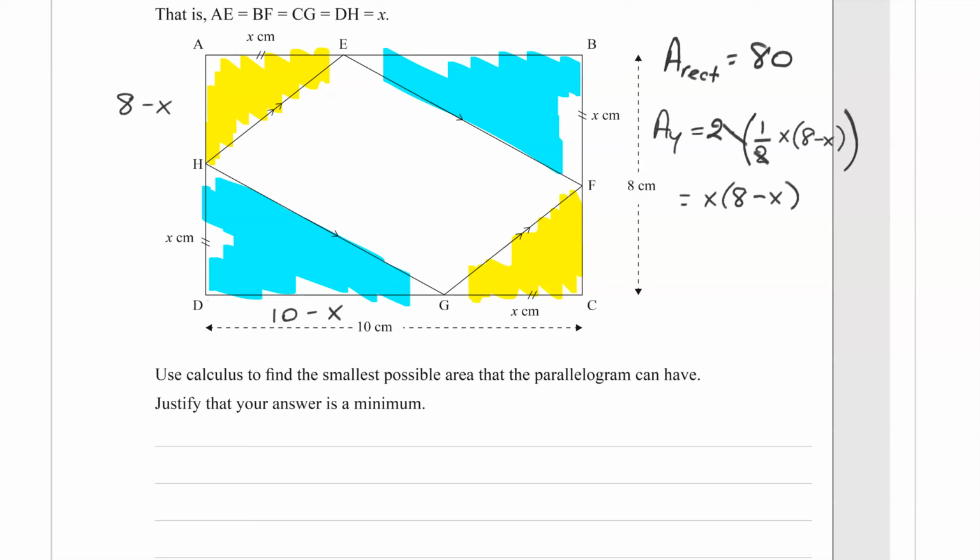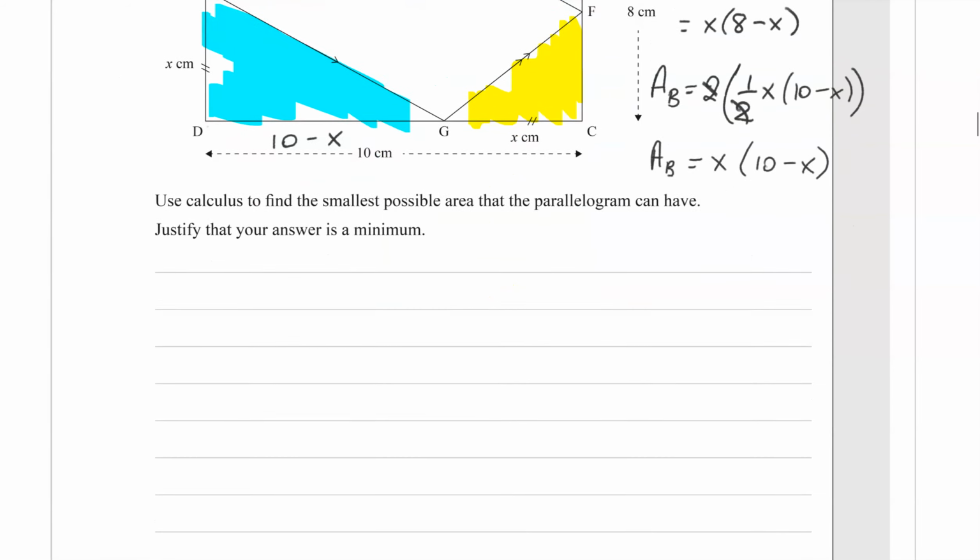The 2's cancel out. And the area of the blue triangles, again we've got 2 of those. We've got half base, we'll make our base x again, and the height is 10 minus x. Again the 2's cancel out, so the area of the blue is equal to x(10 minus x). So these are my total areas.